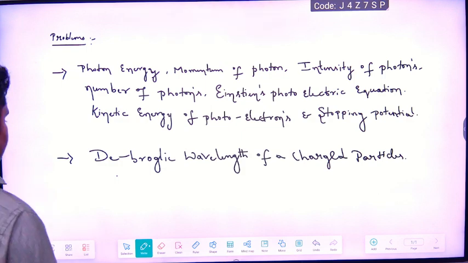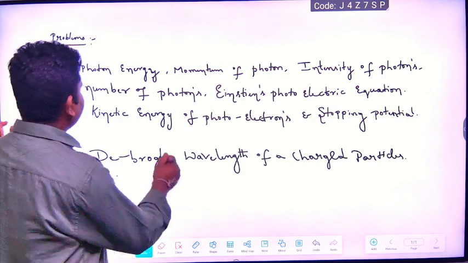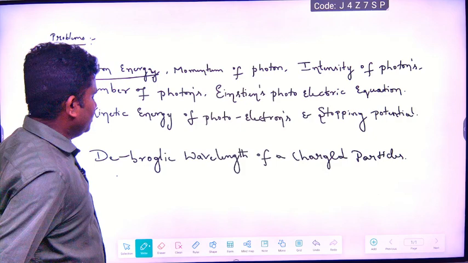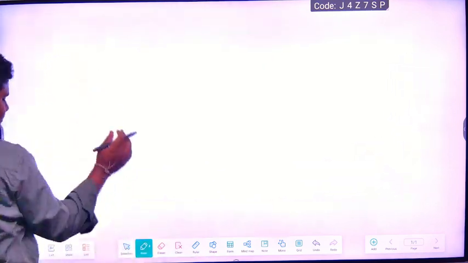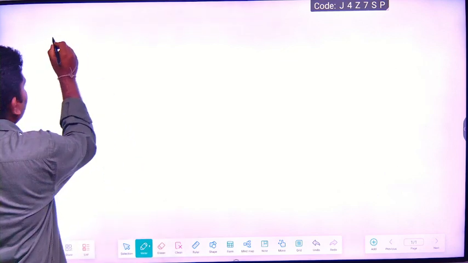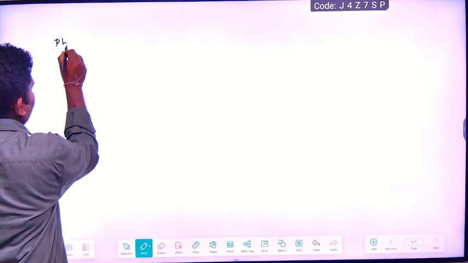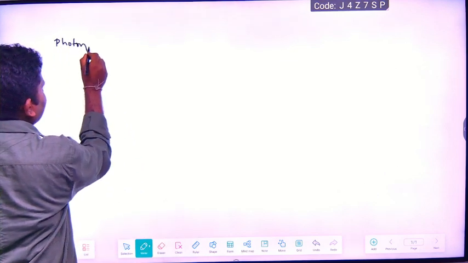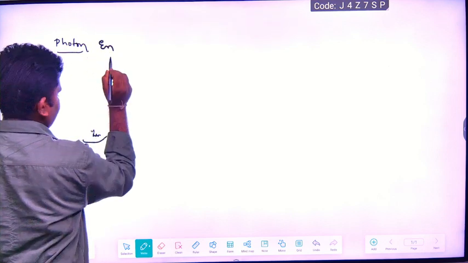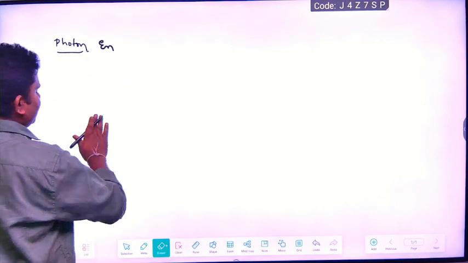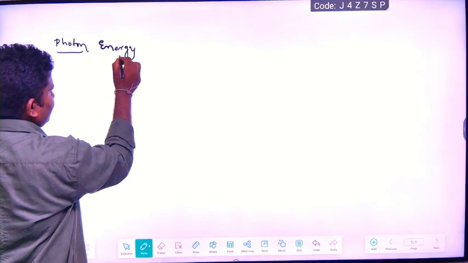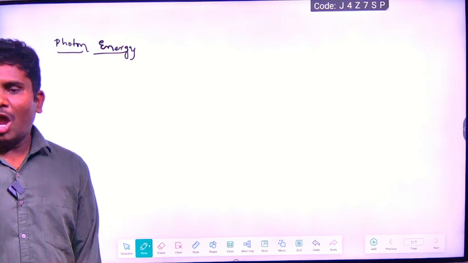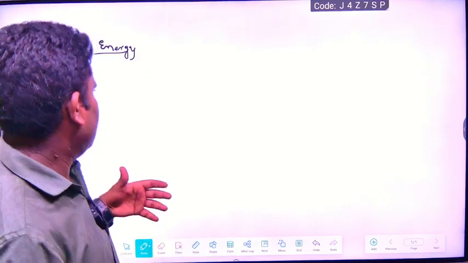Now, one by one we'll discuss. First one is photon energy. Whenever light photons fall on the metal surface, how much energy will the photon have?